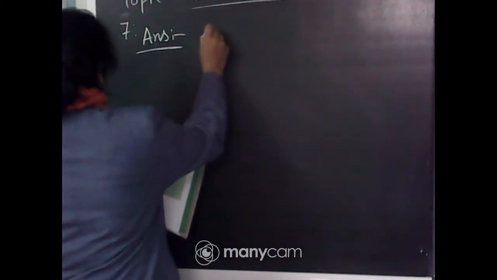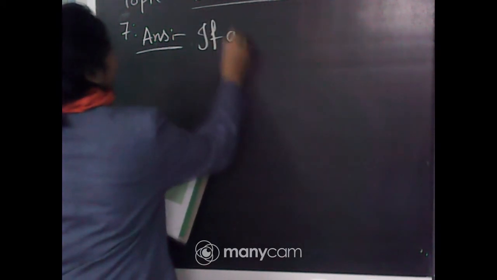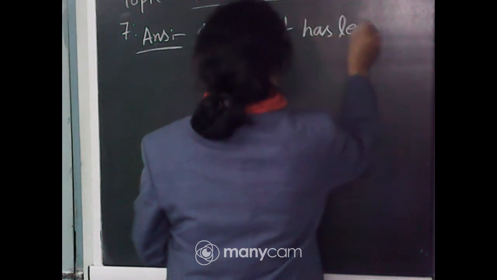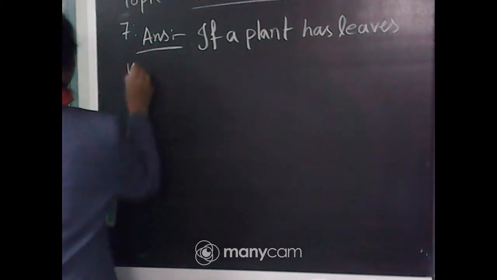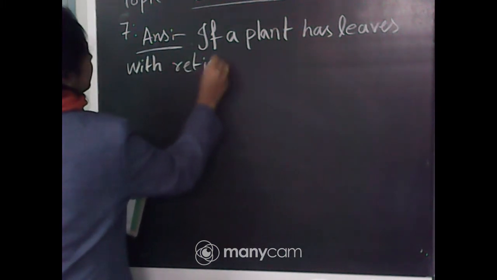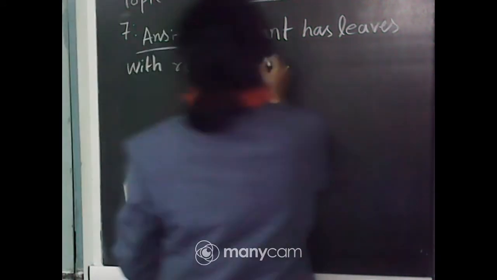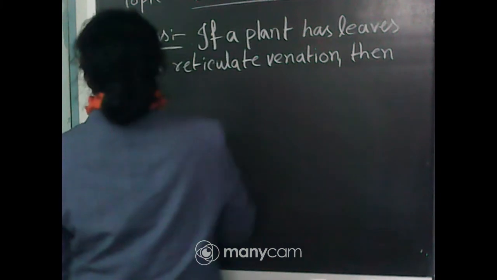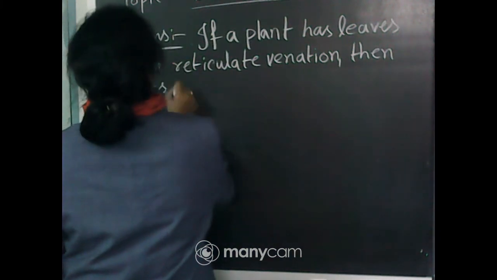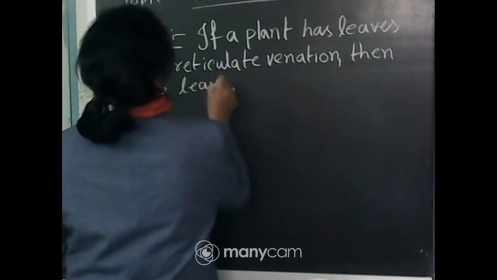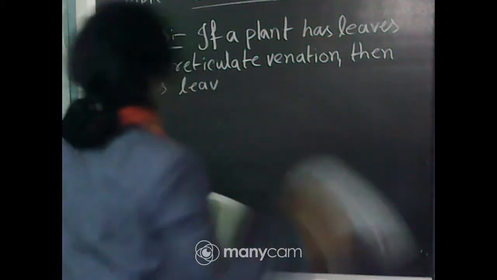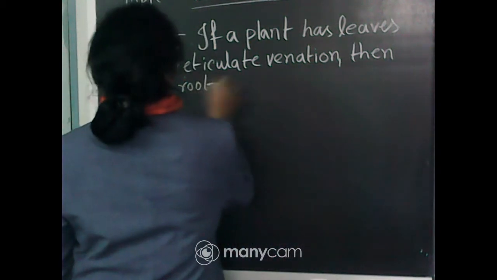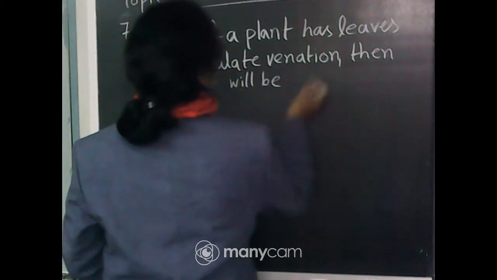It must be: a plant has leaves with reticulate venation, then its root will be taproot.